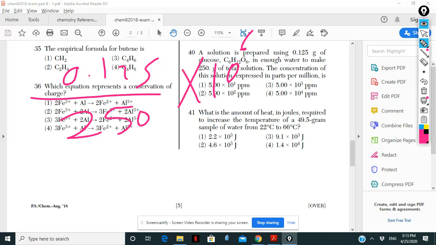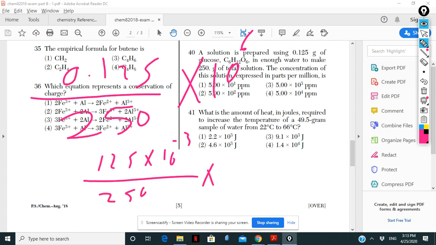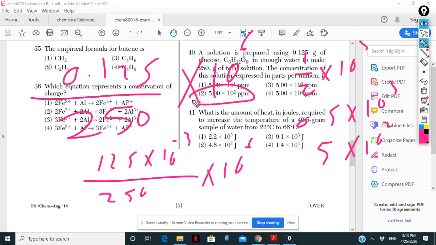So I can write 125 times 10 to the power negative 3 over 250 times 10 to the power 6. Now I get half times 10 to the power 3. Half is 0.5 times 10 to the power 3. So I can write it as 5 times 10 to the power 2. So the answer is 2.